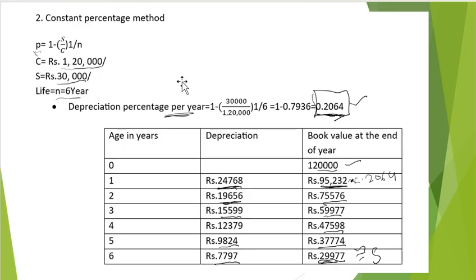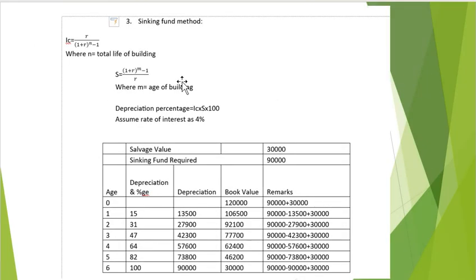Now the third method, which is the sinking fund method. For the sinking fund method, you have to find IC, which is R upon (1 plus R) raised to power n minus 1, where n is total life of the building, and S is (1 plus R) raised to power m minus 1 upon R, where m is age of the building. Depreciation percentage is IC into S upon 200.